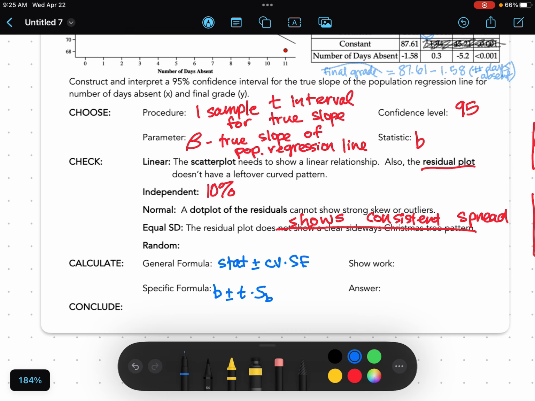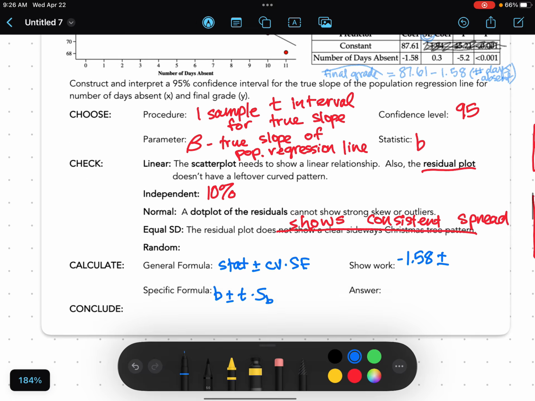Okay, now, this is the great part. For this, we're going to show our work. Our B was negative 1.58 plus or minus. Okay, now we need to figure out our T value for the interval.